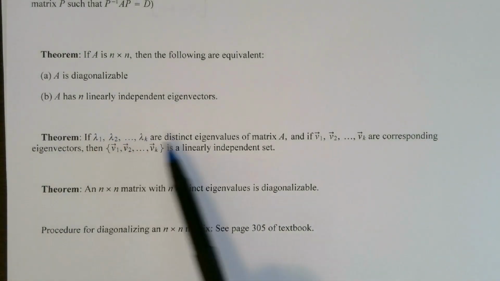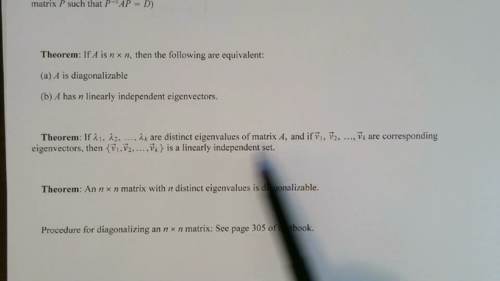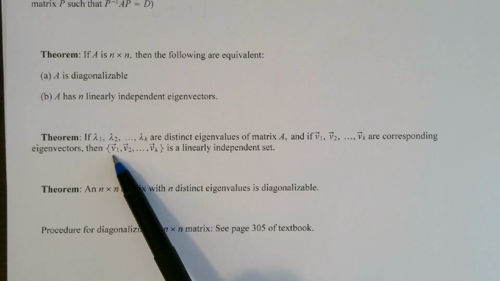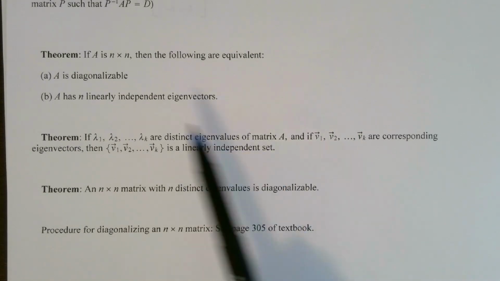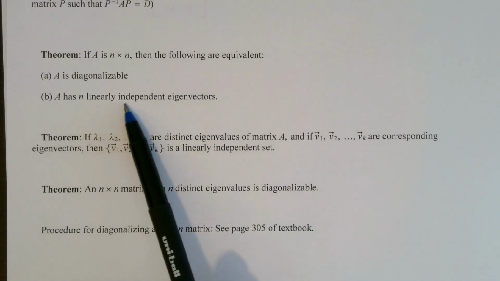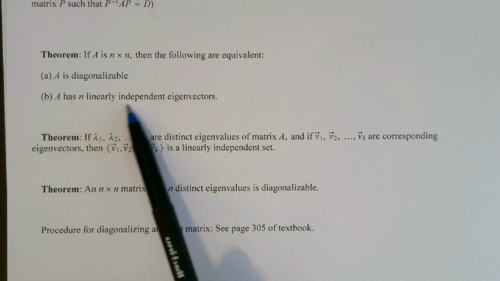So if we have k distinct eigenvalues and the corresponding eigenvectors to those eigenvalues are v1 through vk, then that set of vectors forms a linearly independent set, which is important here because not only do we have to have n eigenvectors, they have to be linearly independent.